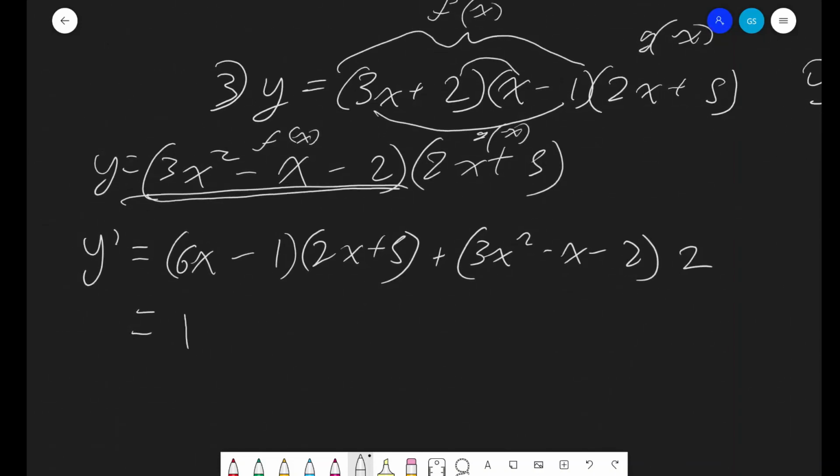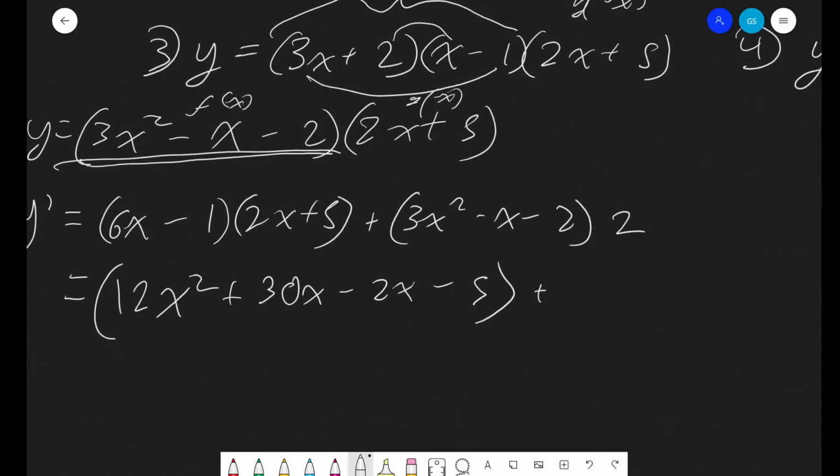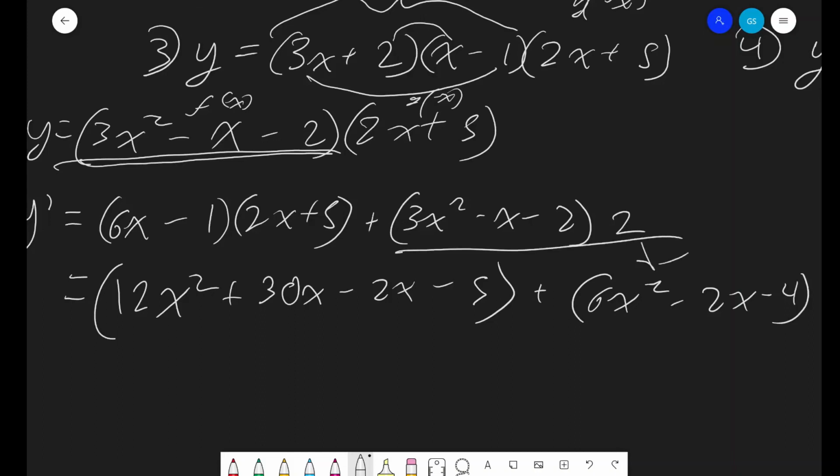6x times 2x, that's 12x squared. 6x times 5 is 30x, minus 2x, minus 5, plus 3x squared times 2, 6x squared, minus 2x, minus 4. Right, just expanded this guy over here.